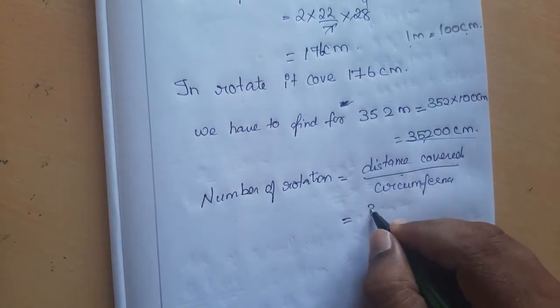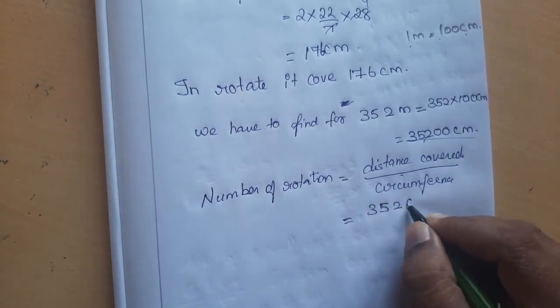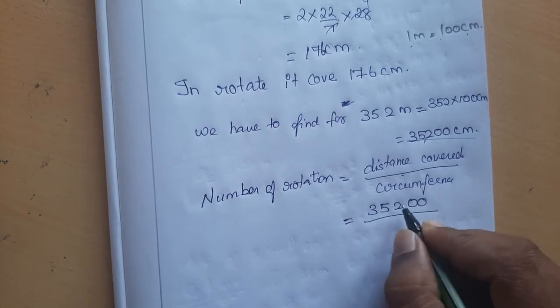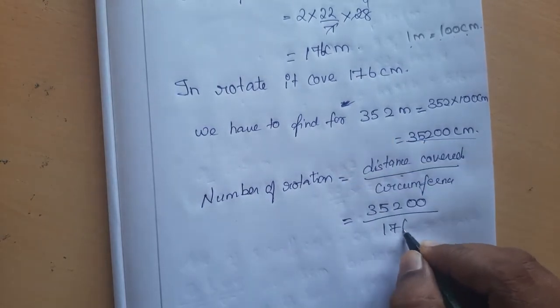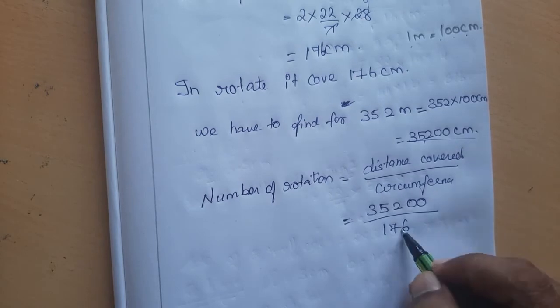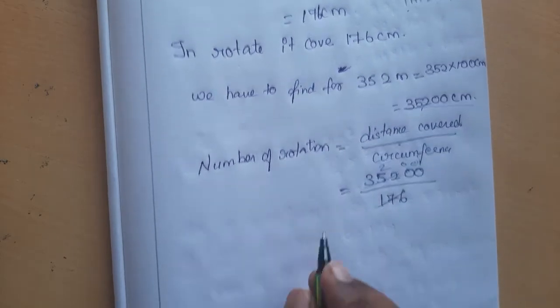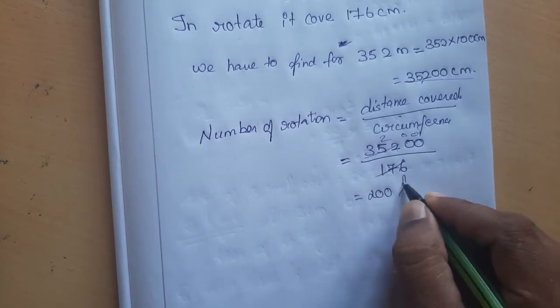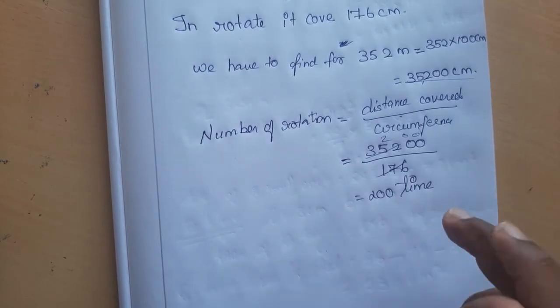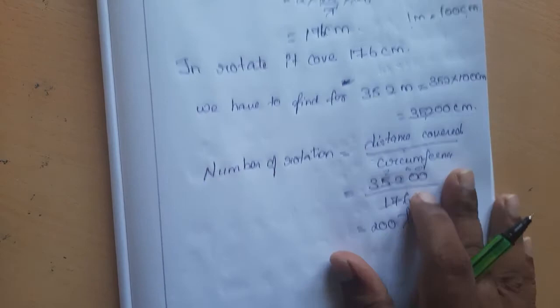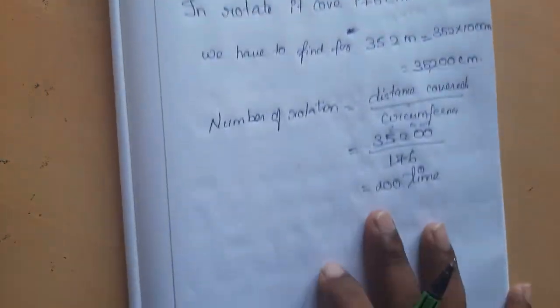The distance covered is 352 into 100, divided by the circumference 176. That is 2 times 100, so 200 times it has to rotate to cover the 352 meters.